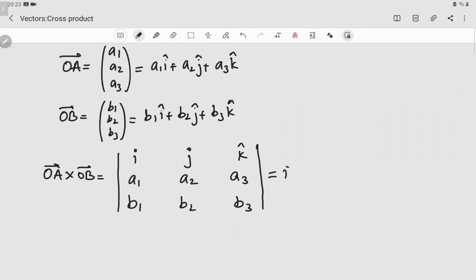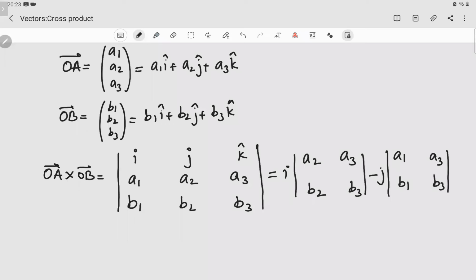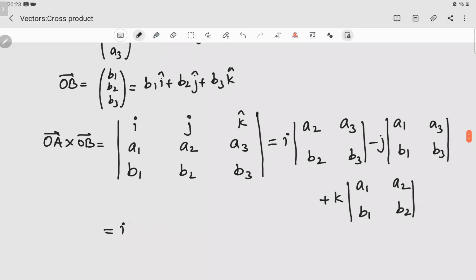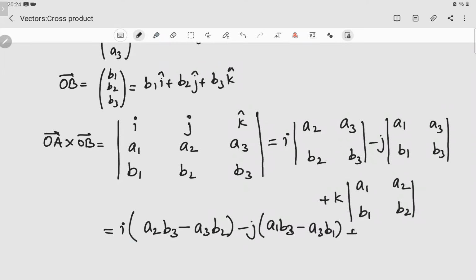And now when we expand it, we obtain this vector: A2B3 minus A3B2, minus (A1B3 minus A3B1), plus A1B2 minus A2B1.